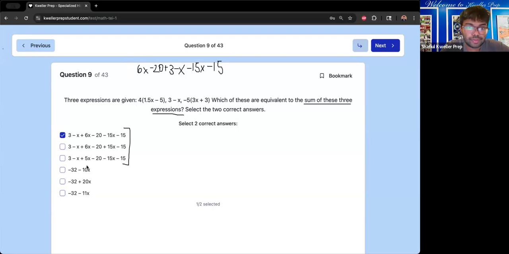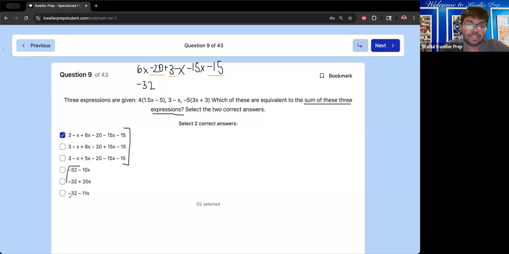And now we just have to solve for the next part. So the next part is combining all the x's and all the constants. Let's combine the constants first. I'm going to put in a different color. We're combining negative 20, 3, and negative 15. Negative 20 plus 3 minus 15. Negative 20 minus 15 is just negative 35. Negative 35 plus 3 is negative 32.